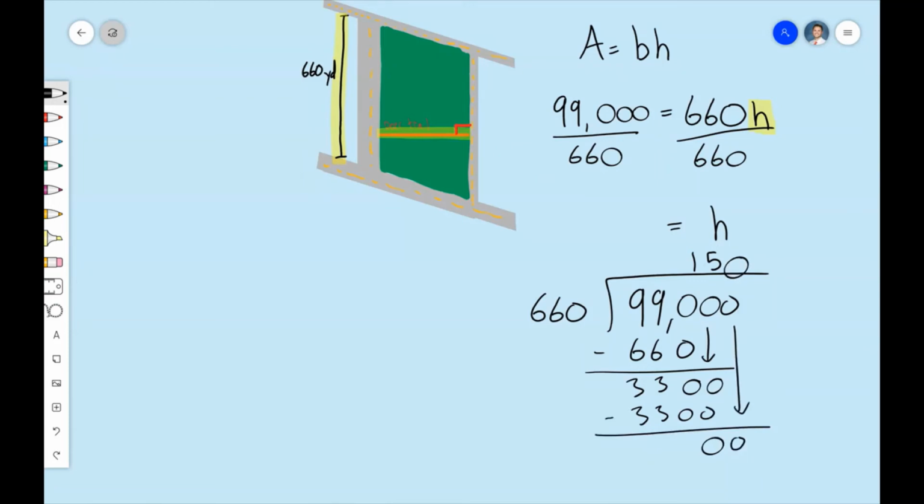So we get 150 for our height. So our height is 150 yards.